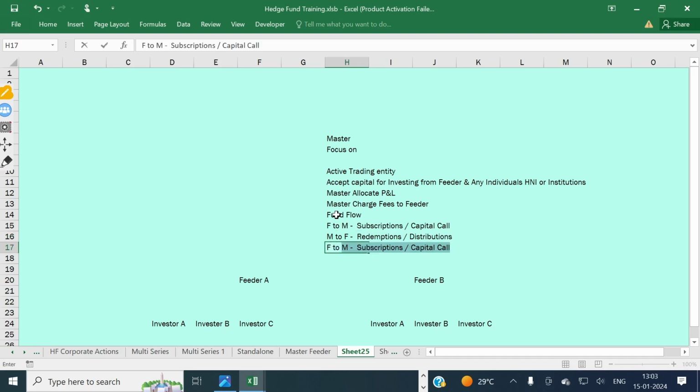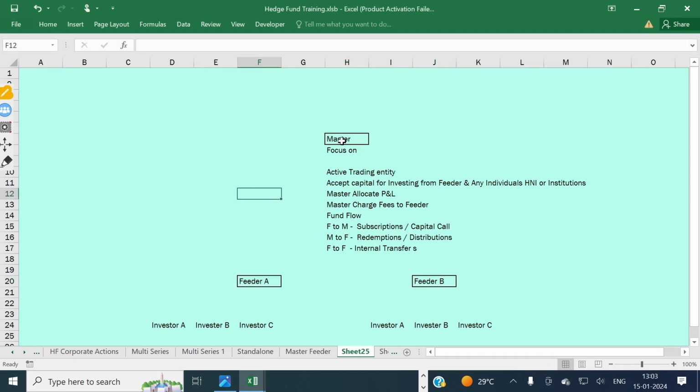Feeder to feeder would be your internal transfers. So again, if you see any question around this: master is your active trading entity. They focus on the investing part basically, and they also allocate profit and loss to the feeders.